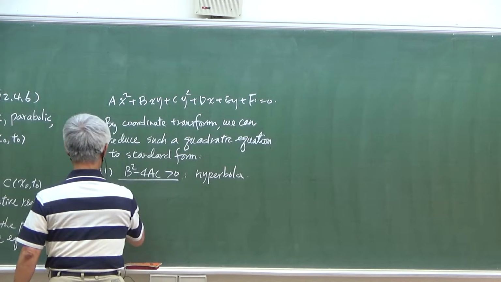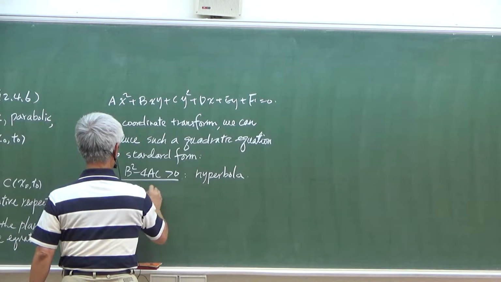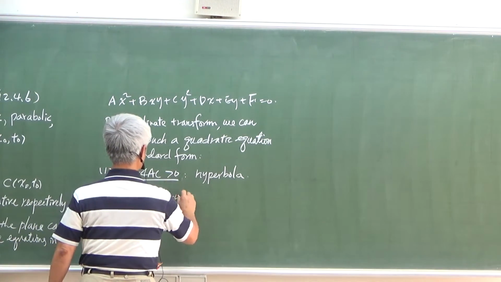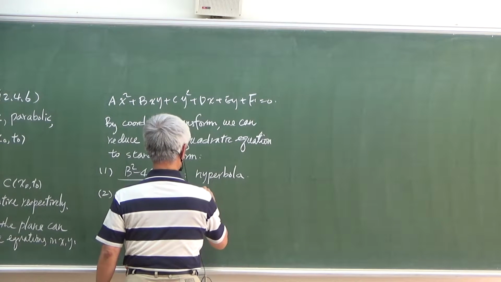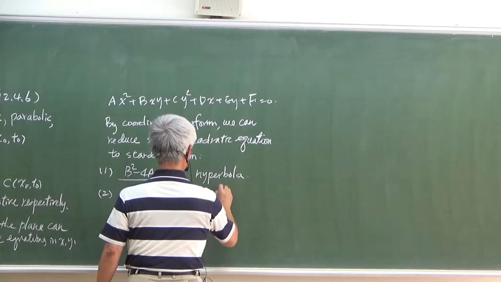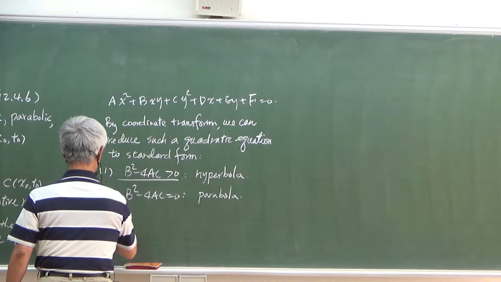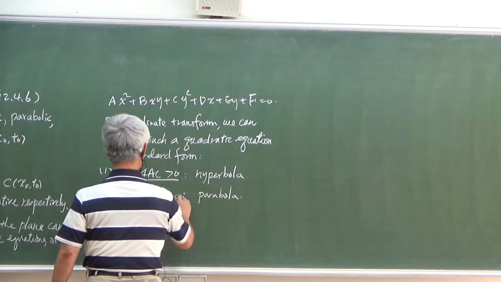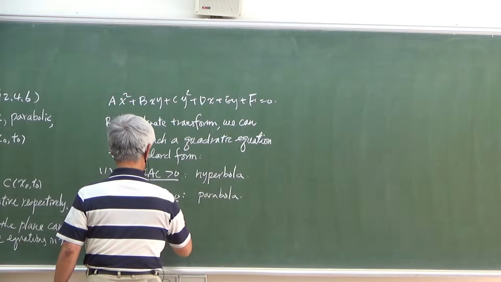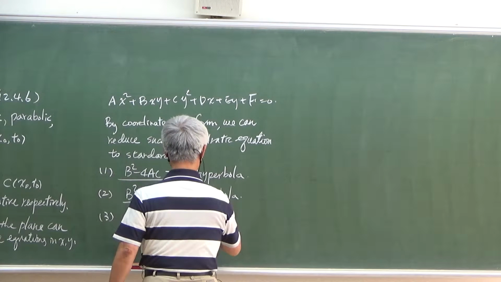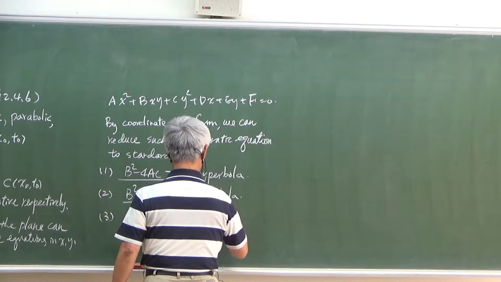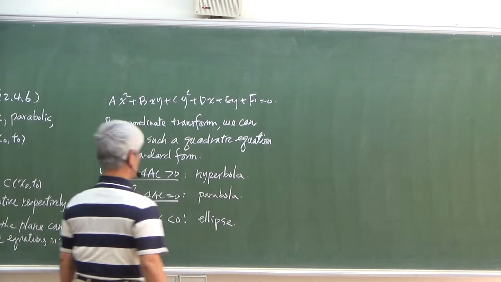The second one is if b squared minus 4ac equals 0, then this comes to parabola. And if b squared minus 4ac is less than 0, then we have this, an ellipse.